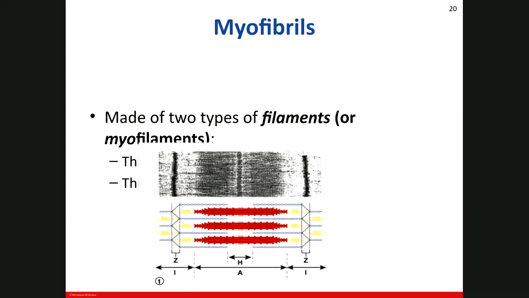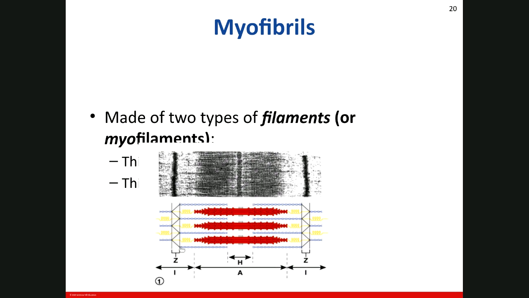The first thing you need to know is this. Each sarcomere is composed of myosin in the center; the myosin here is red, and the actin or thin filament is blue. So we have myosin or thick filament in the center and two thin filaments on both sides.